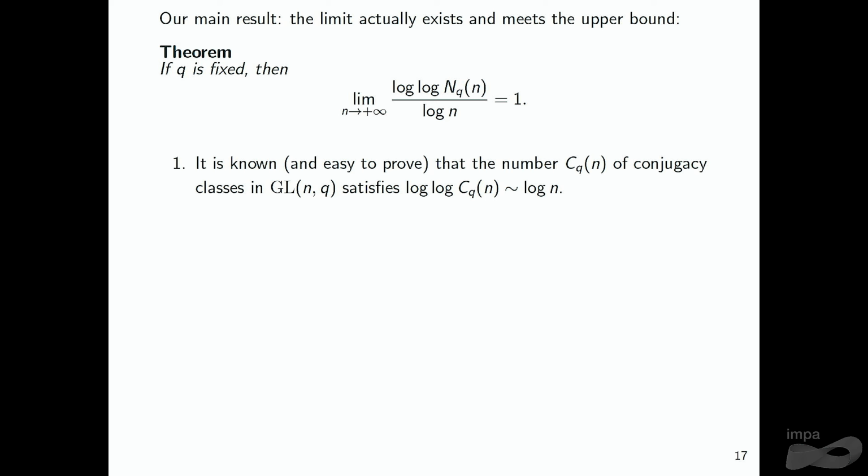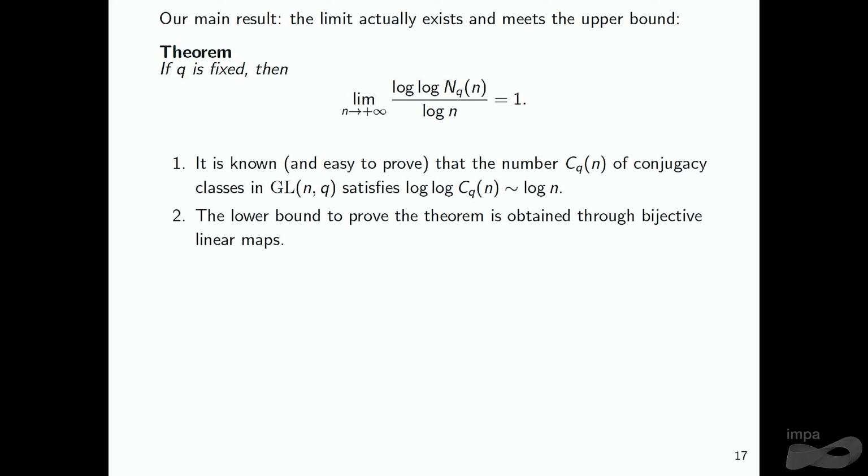So of course I can identify the invertible n by n matrices with the linear maps that are bijective, right? And just one comment, I won't go into the details, but the lower bound here to achieve this limit is actually just considering bijective linear maps. So if I take N_q(n) and replace it by the function just counting bijective maps, I just get the same limit.